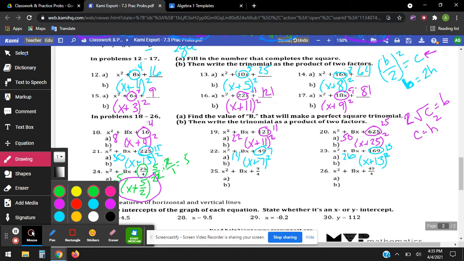Okay. So here, 9 fourths. Square root of 9 is 3. Square root of 4 is 2. If I times that by 2, those 2's cancel, leaving a 3. So 3 is what it is. Down here, it's an x plus 3 halves squared.